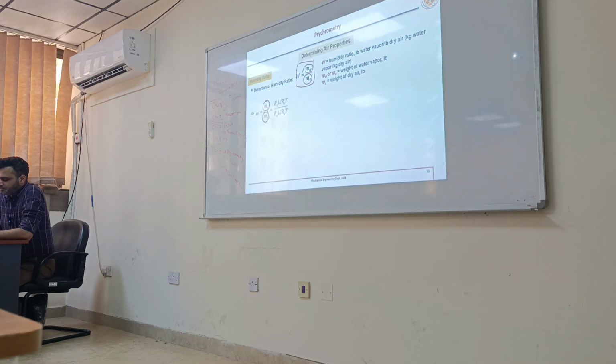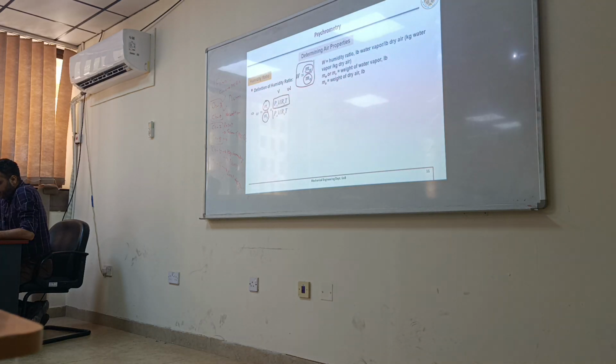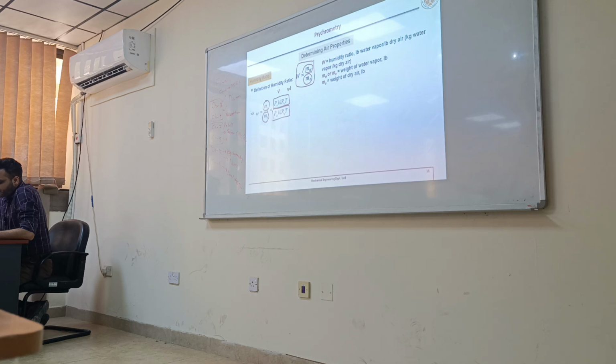In one book he is using v for water vapor, in the other book is using w for water vapor. So this is clear from ideal gas equation. Same volume, same temperature, put the value of R_v of water vapor and R_a of pure air. This is what we will get.